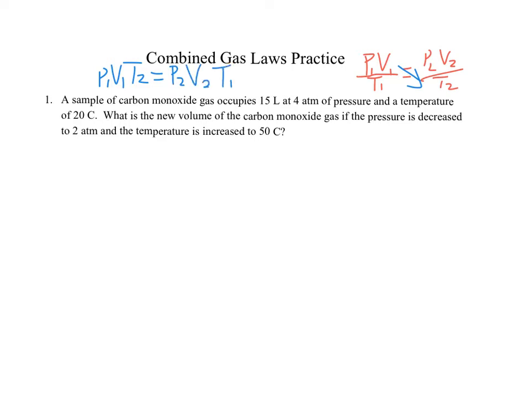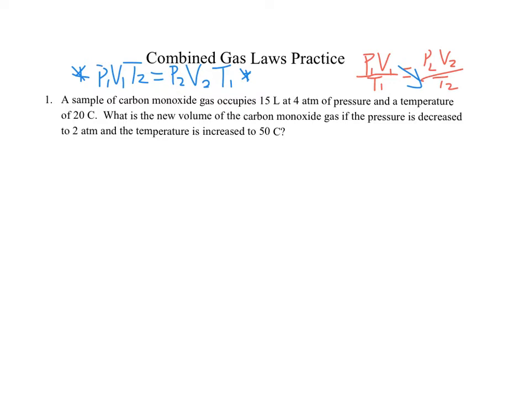I know some of you don't like to work with fractions. That's okay. But if you are using this expression over here, you've got to be very careful to make sure that you're putting the proper temperatures in your problem correctly, because it is P1 V1 times T2. That's a mistake that I see very often, and I hope that you'll practice enough that you're not going to do it.